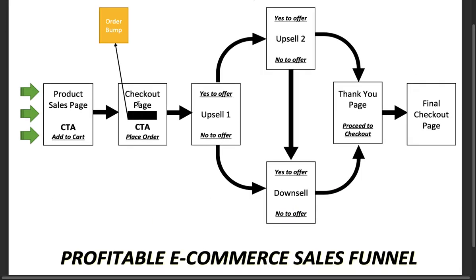So now, guys, it doesn't still stop there. So you can simply say, okay, you want to cut off this part of the upsell. So if the customer is able to buy two products, that is the initial purchase and the order bump offer, they can just click on the place order button and they go straight to the final checkout page or the thank you page. But that doesn't still stop there.